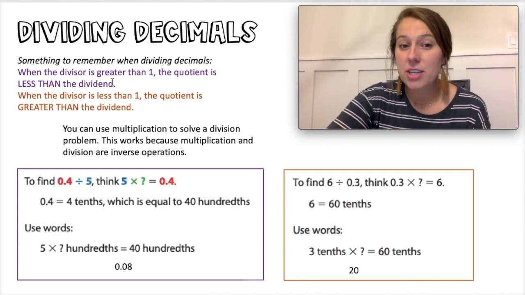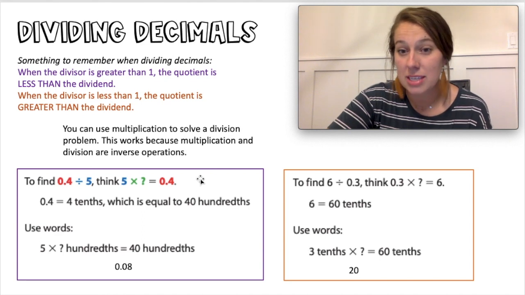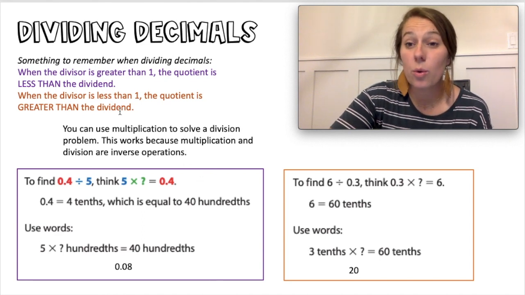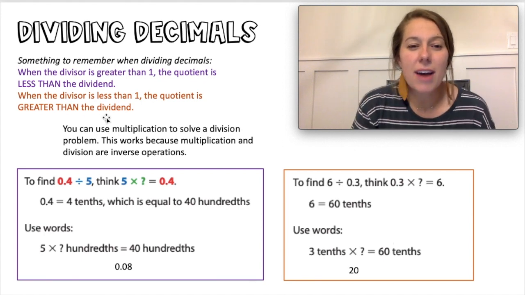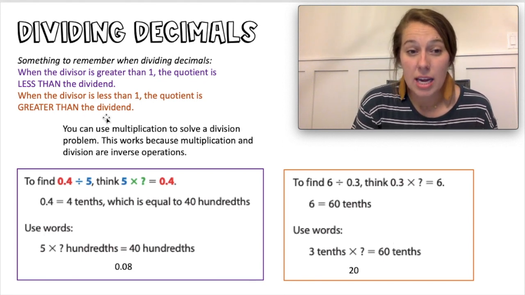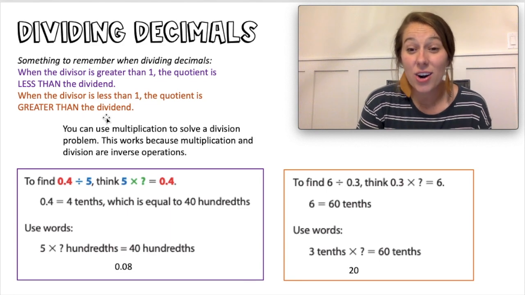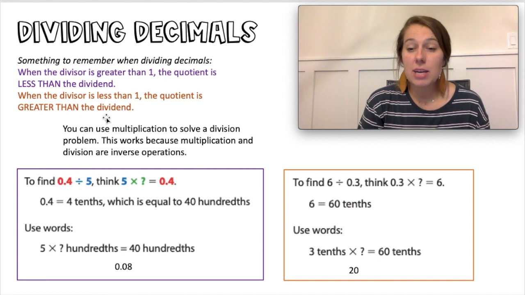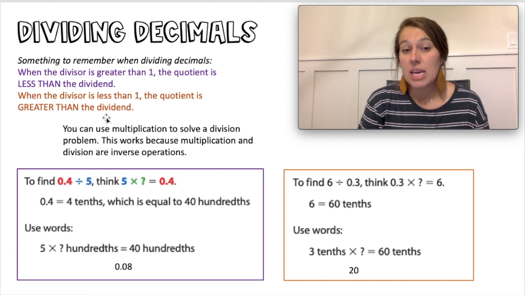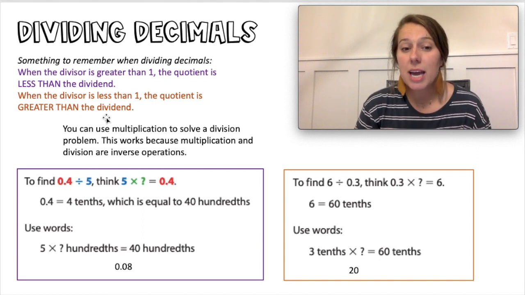So I've matched the purple with the purple box down here for an example, and then the orange text with the orange box. Okay, so when the divisor is less than 1, the quotient is greater than the dividend. Okay, so you can use multiplication to solve a division problem. And this works because multiplication and division are inverse operations.